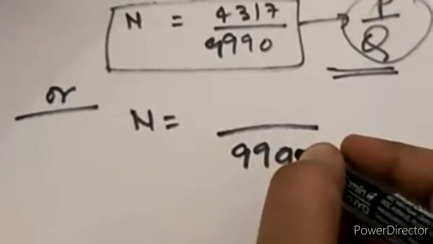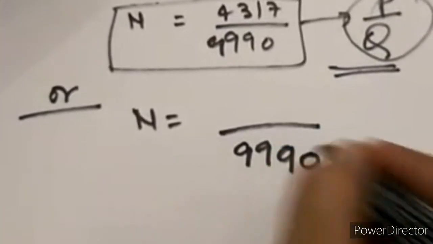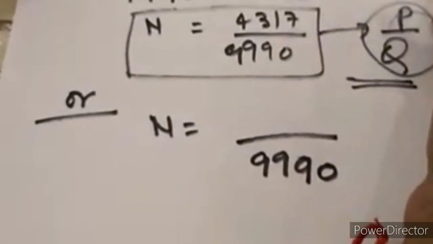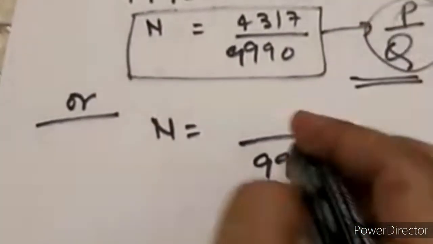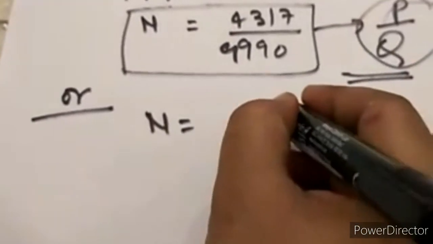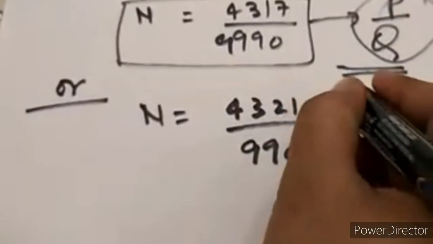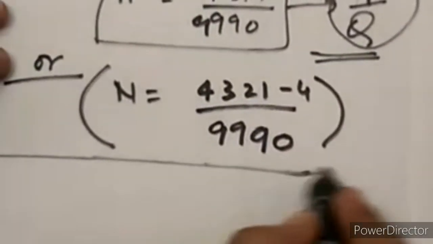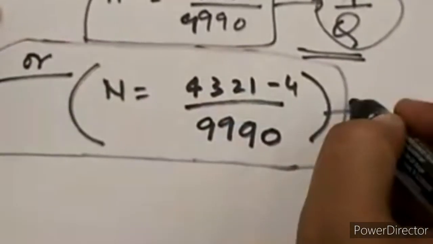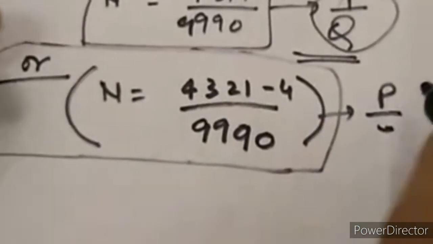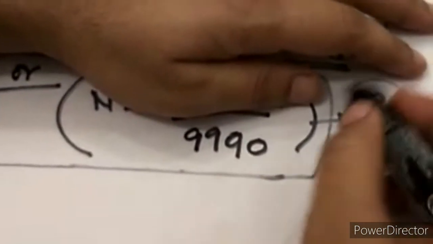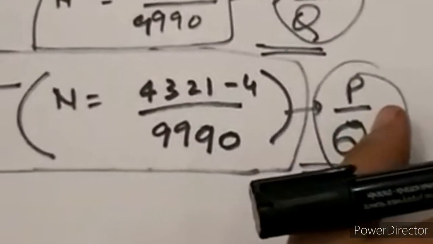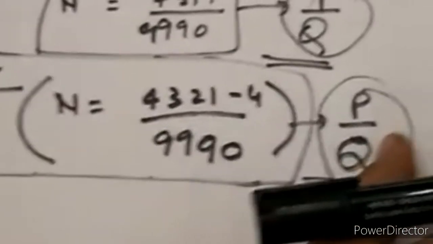Like in this case there is only one number. Then simply subtract this number from this. So this is the shortcut method for finding the P by Q form of any given decimal number which is non-terminating but with a recurrence.